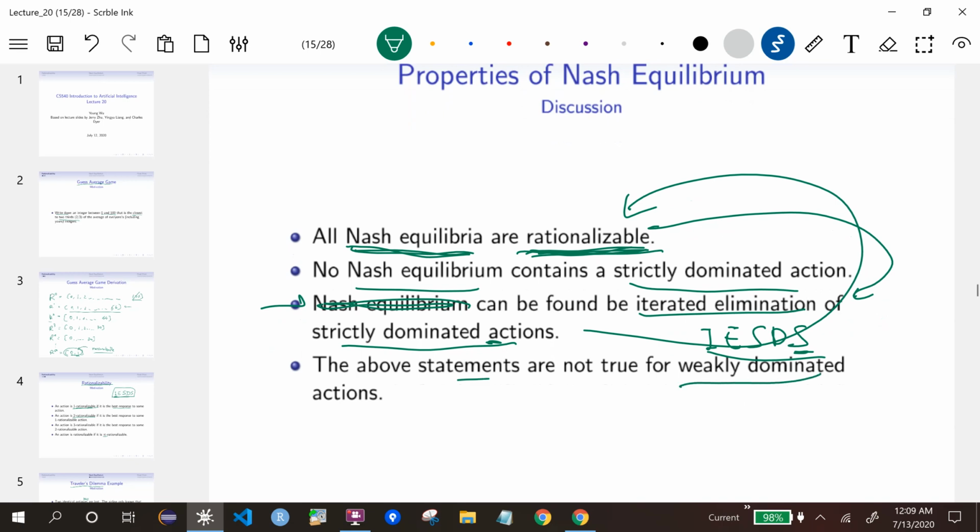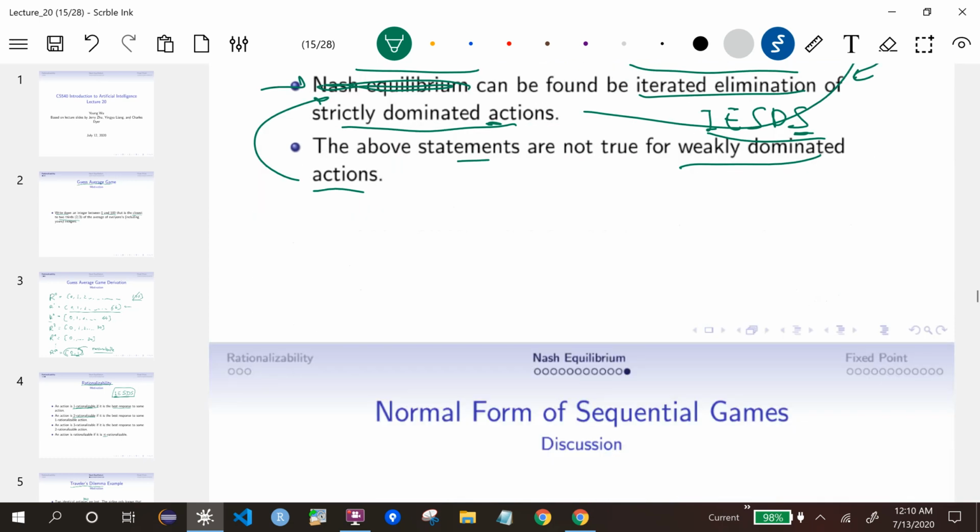I mentioned this already as well. We may have weakly dominant actions contained as a part of a Nash equilibrium. And as I promised, we will see more examples like these in the Canvas lectures, and I will also recall some of them before the final exam.